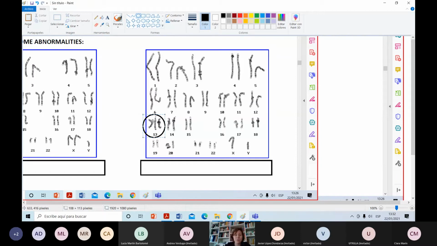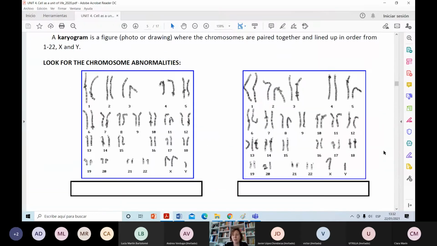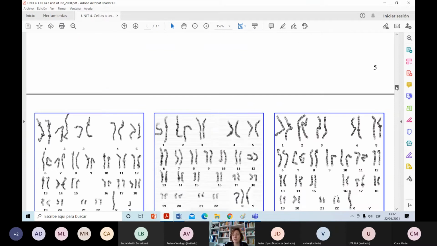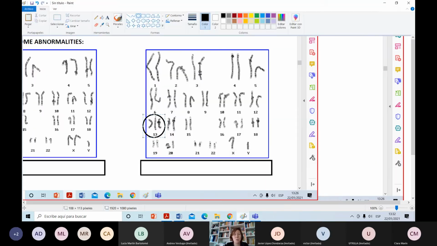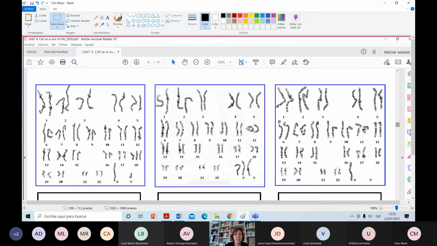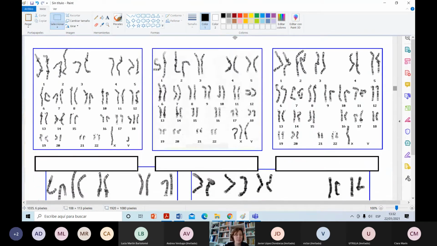So 3 chromosomes, that is a trisomy, and it's a trisomy in chromosome number 13. So we'll see later what's the name of this chromosomal abnormality, but I wanted you to see that there is one abnormality.